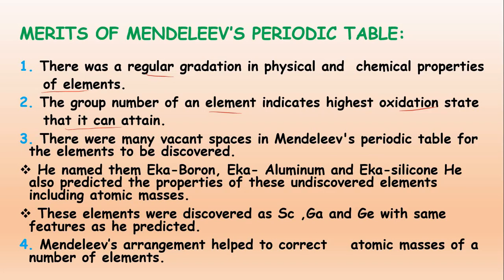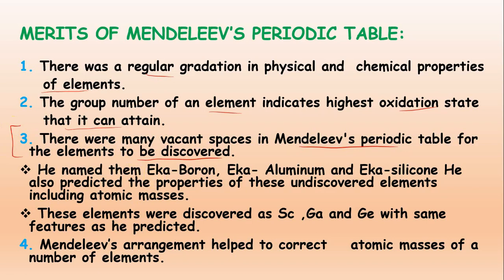There were many vacant spaces in Mendeleev's periodic table for elements to be discovered. This is one of the very important and remarkable achievements of Mendeleev, that he left vacant spaces for undiscovered elements, and they were discovered later on. He named those elements.